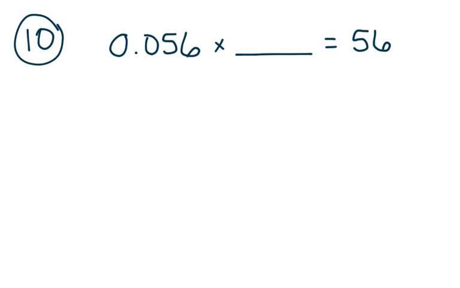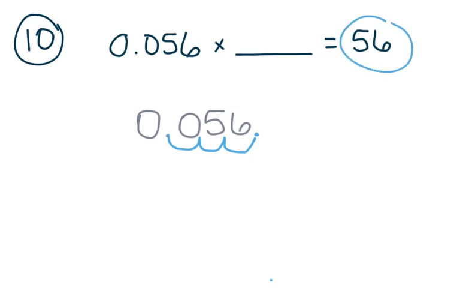So your shortcut here, you rewrite your number and move your decimal to the right because we're multiplying until you get a whole number, or until we get the number that matches over here. So we now have 56, and we moved it 1, 2, 3 times, so we need 3 zeros. So again, it's 1,000.